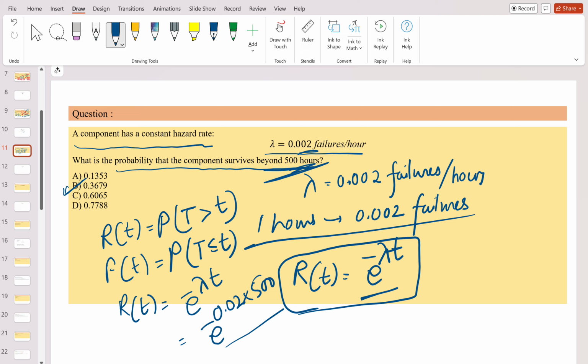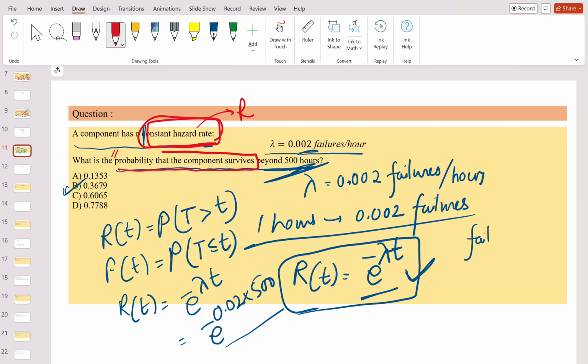So the overall crux of this problem is that you have to just remember that when the failure rate, or the hazard rate, is given, which is constant, and it is asking for reliability, or indirectly the probability that the component survives, which can also be one statement, the reliability will come out to e to the power minus lambda t.